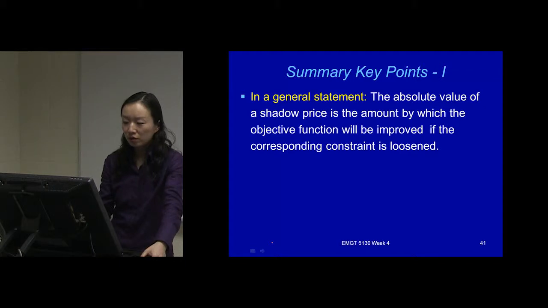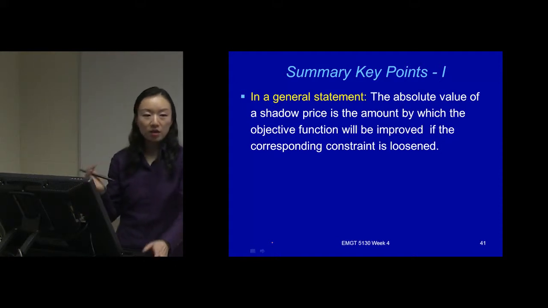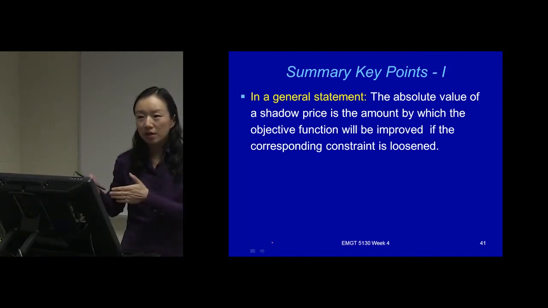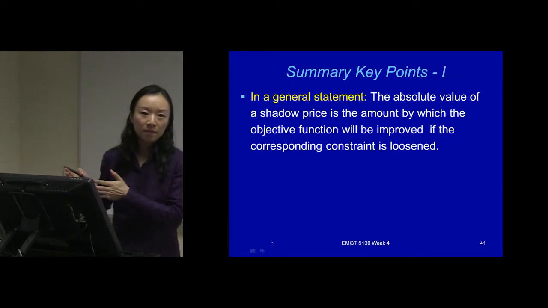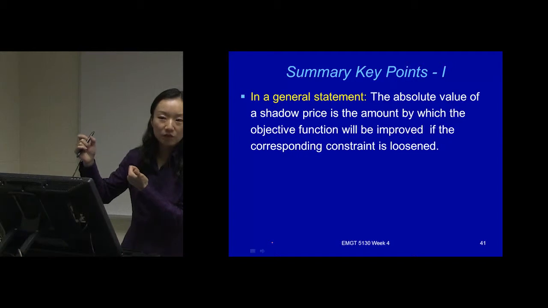In some general statement, the absolute value of a shadow price is the amount by which the objective function value will be improved if a corresponding constraint is loosened. The example we went through is for a maximization problem, and the shadow prices are all positive, because we are talking about 1 unit of increase in the constraint, which should help improve your objective function value.